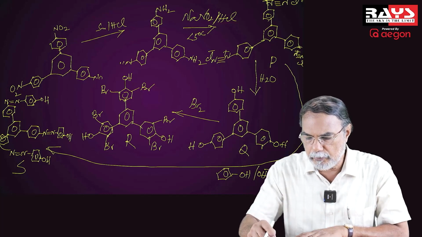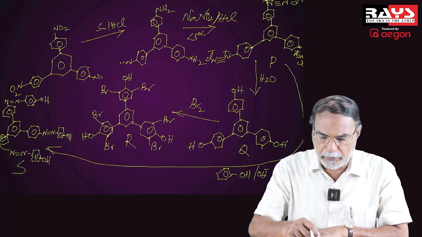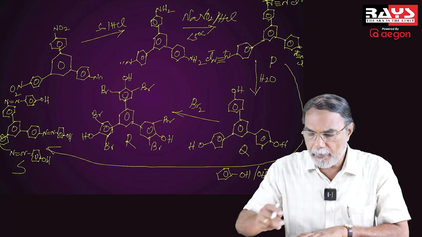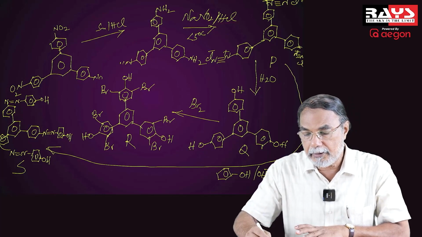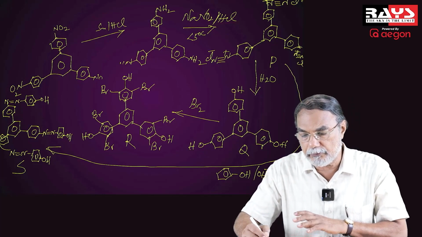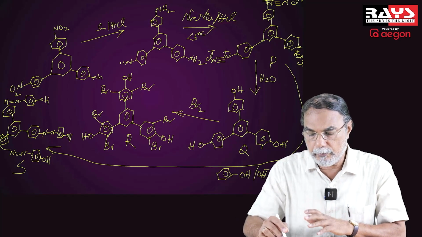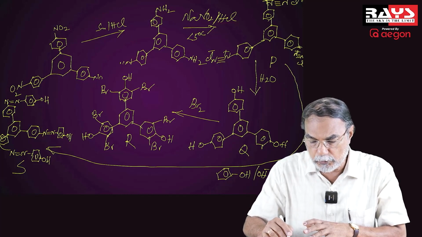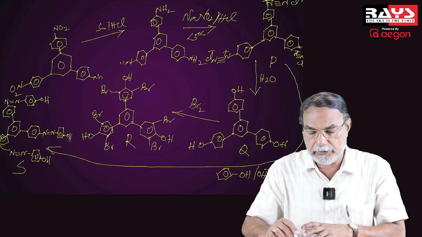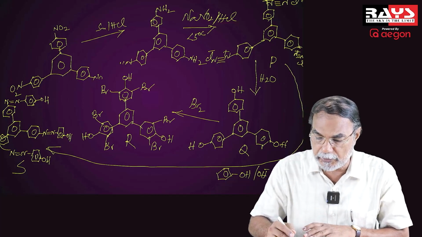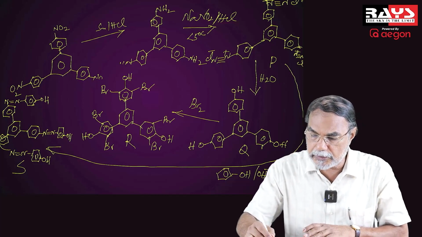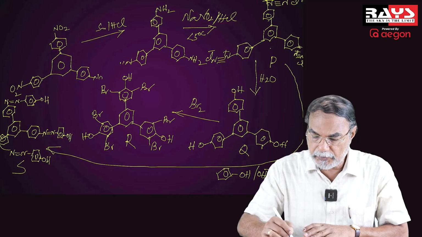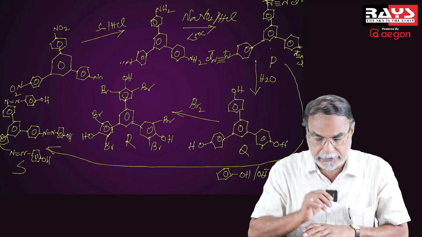The diazonium group undergoes a coupling reaction with phenol, and you have the azo dye groups. Heating the compound with water will convert the diazonium group to OH, and now bromination will introduce the bromine atoms at the ortho positions of the 3 rings to get the compound R. So this is P, this is Q, this is R, and this is S.